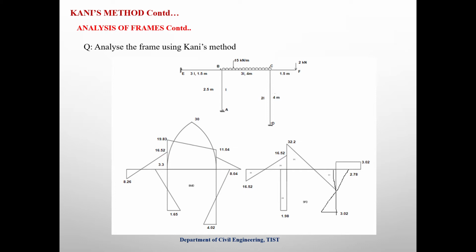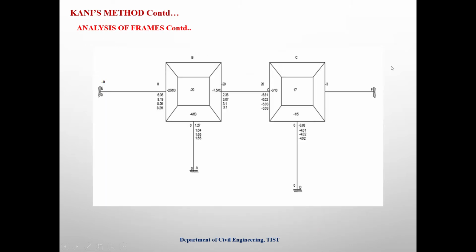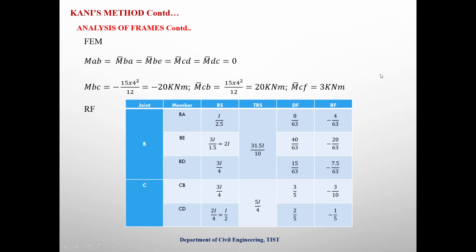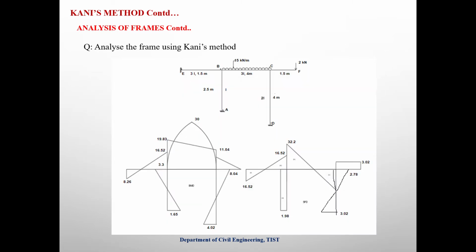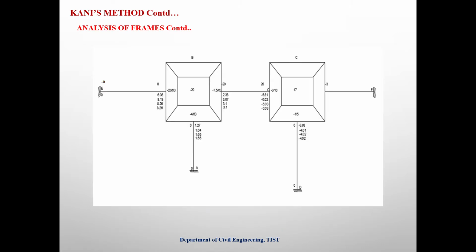Then consider this frame using Kani's method. There is an overhanging portion CF. After finding out the fixed end moment and the rotation factor, please enter all these values into the Kani's table. The overhanging moment is 2 into 1.5, that is 3 kilonewton meter, but you have to enter here as minus 3.